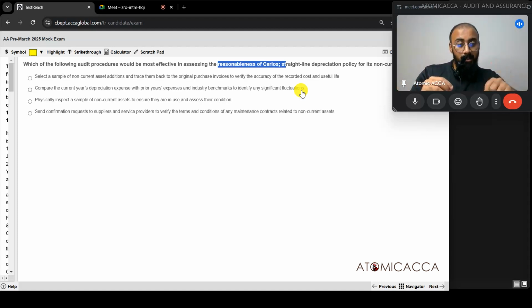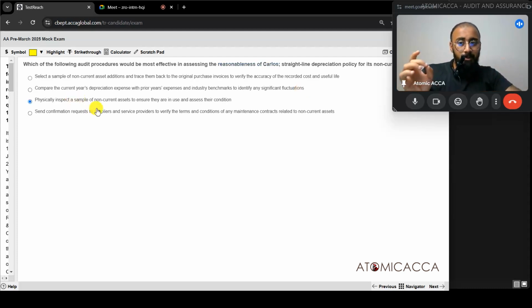If the depreciation numbers are significantly different, then this could be an indicator that straight line depreciation policy is specifically used maybe in order to reduce the expenses in SOPL. So this will give us some idea about whether that straight line depreciation policy is the right one to use or not. But let's not finalize it. Let's see the other 2 points as well.